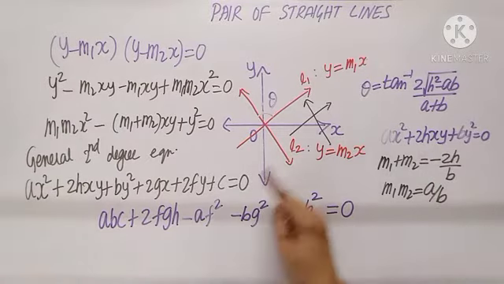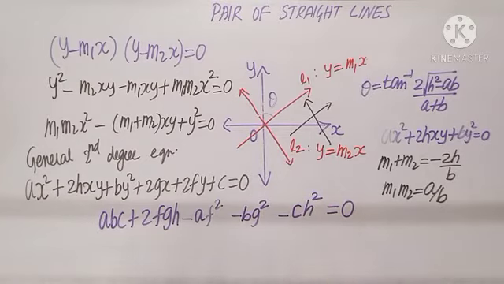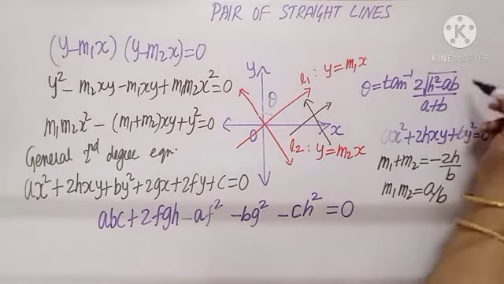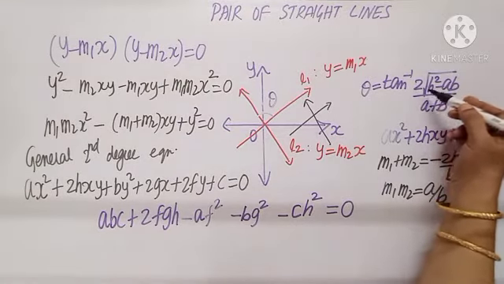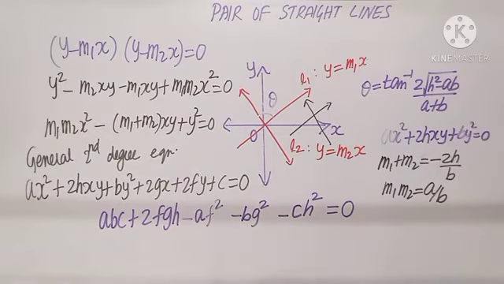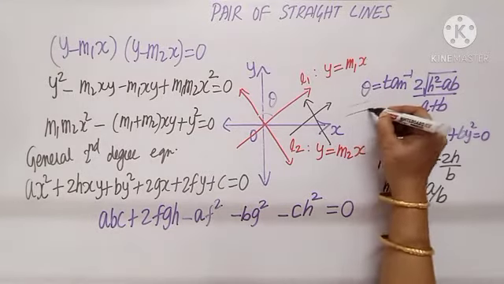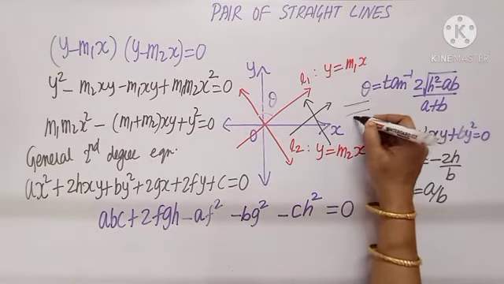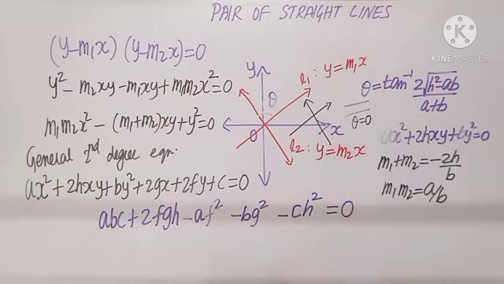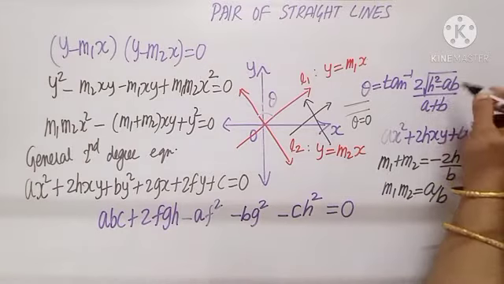As we know all this, let us list out all the formula. Here, the angle between, we have taken the formula as 2 root of h square minus ab by a plus b. We know if the lines are parallel, the angle between them is 0. In that case, the numerator should become 0.